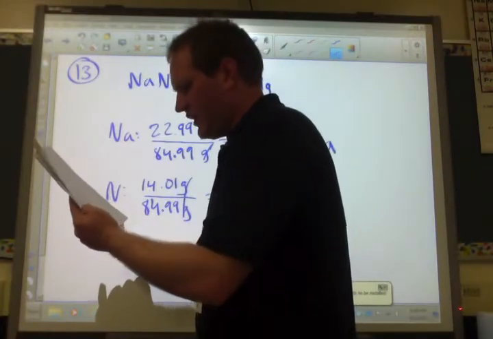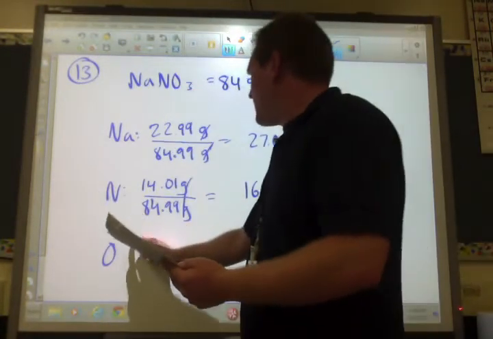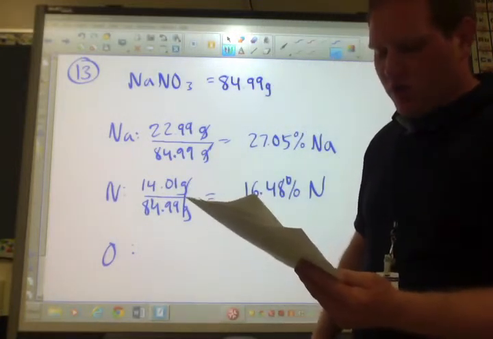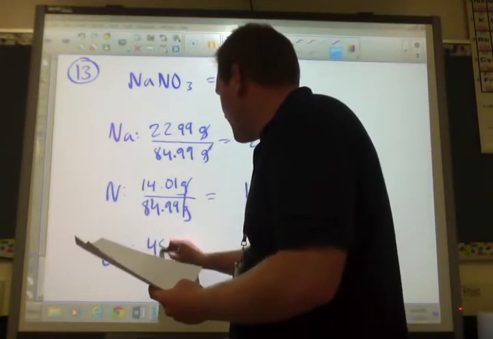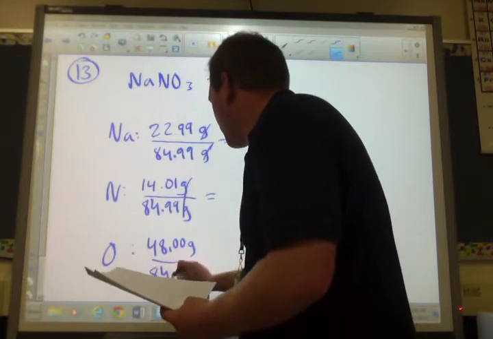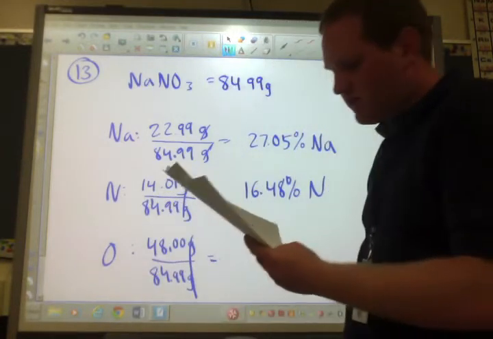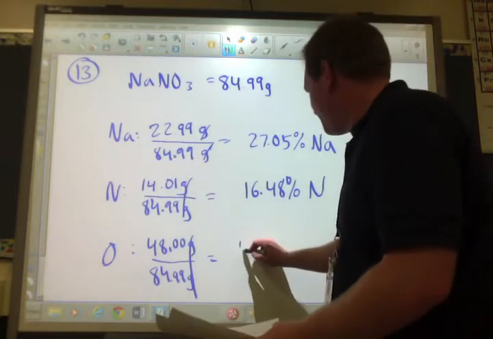And finally, oxygen. There are 3 of them, so I would do O times 3. So 16 times 3 is 48.00 grams, divided by my total 84.99 grams. Gram cancels gram. Gives me 56.48%.